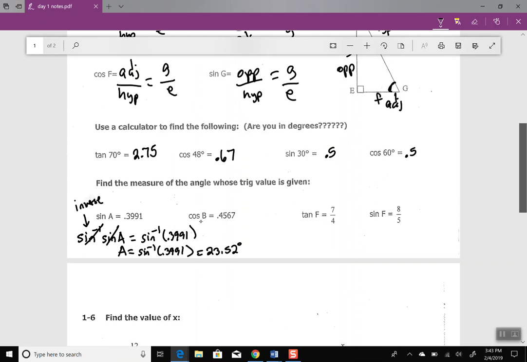Now I'm given this relationship, the cosine, which was the adjacent side over the hypotenuse. To get this value, I must have had a very particular angle B. If I know those two lengths, I can say what the angle must be. For instance, let's say you had a building and you had a ladder.